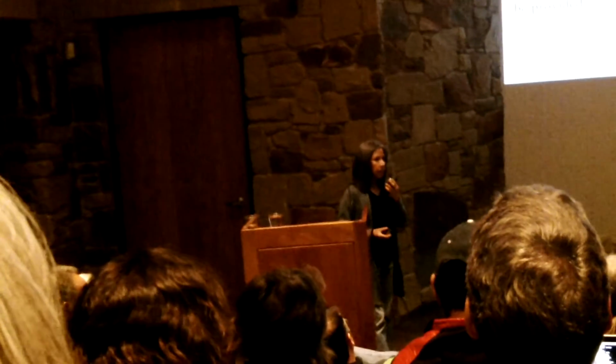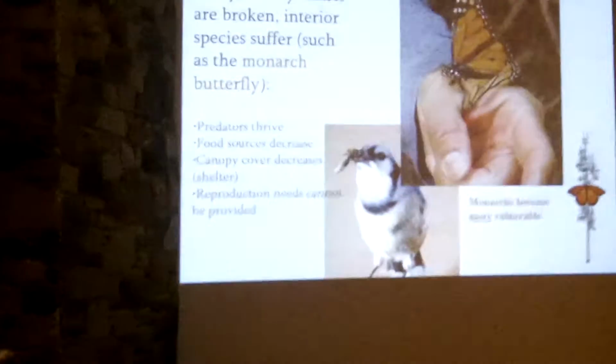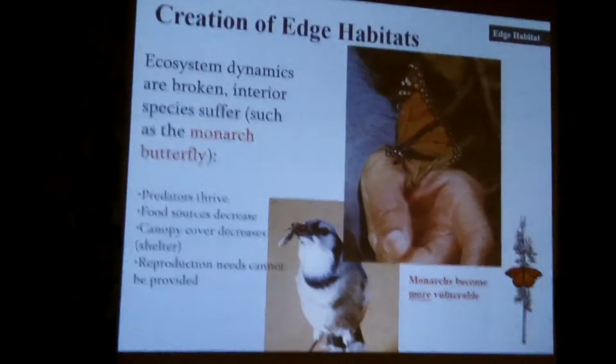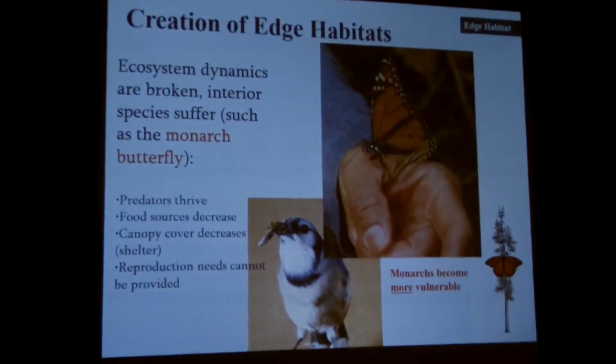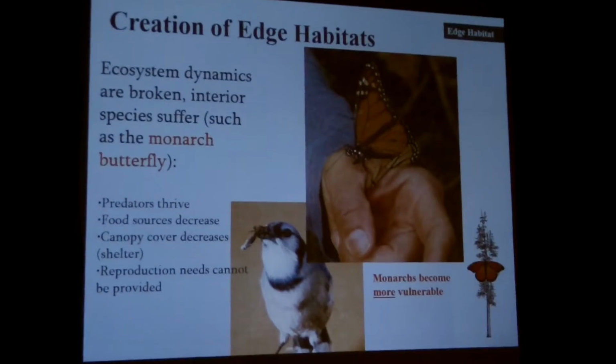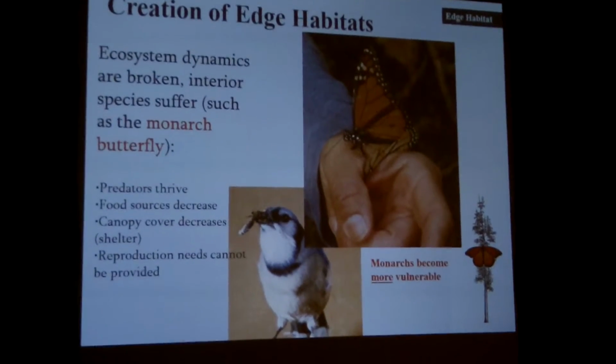That's what the monarchs use in Mexico to survive. So nectar plants are less in the understory, and of course the soil starts eroding. And also the reproduction needs are not provided. They don't have places to, for instance, the birds to nest.